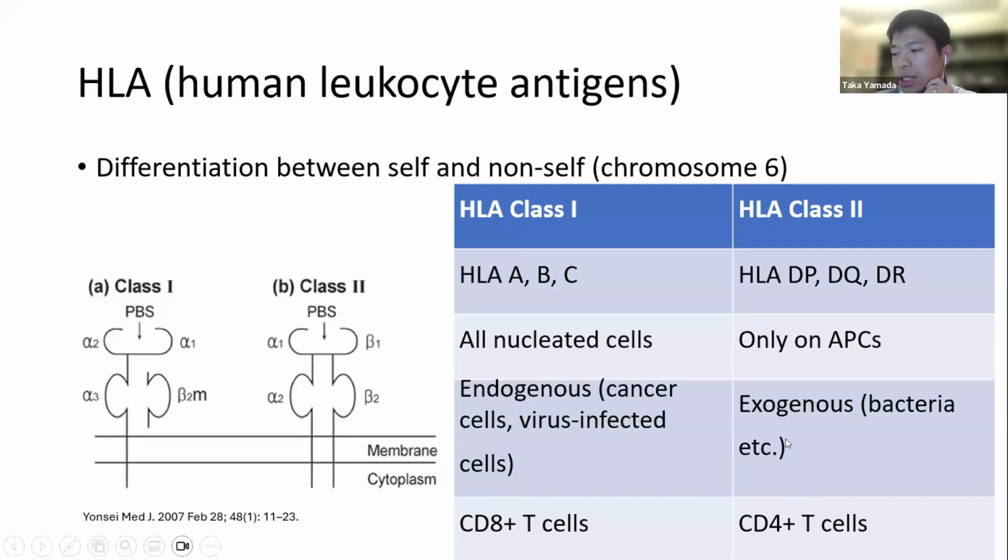In contrast, class 2 recognizes exogenously derived antigens, for example, extracellular bacteria. The class 1 molecule peptide complex is recognized by CD8 positive T lymphocytes. In contrast, the class 2 molecule peptide complex is recognized by CD4 T lymphocytes.